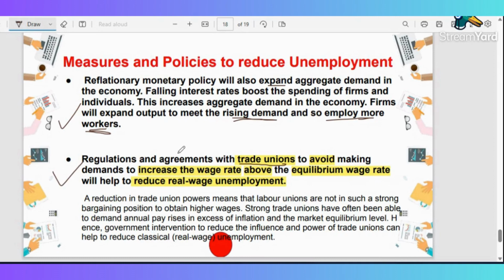So another measure is that with the trade unions, they put regulations in place for them to avoid making demands for an increased wage rate above the equilibrium wage rate. And this will help to reduce real wage unemployment.